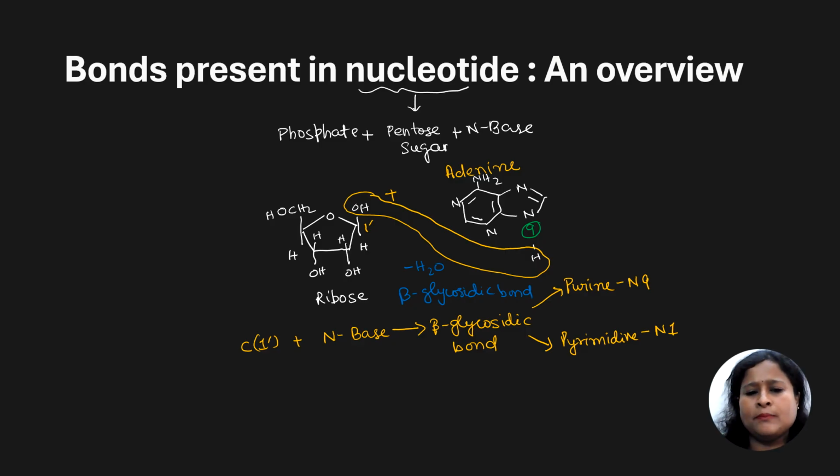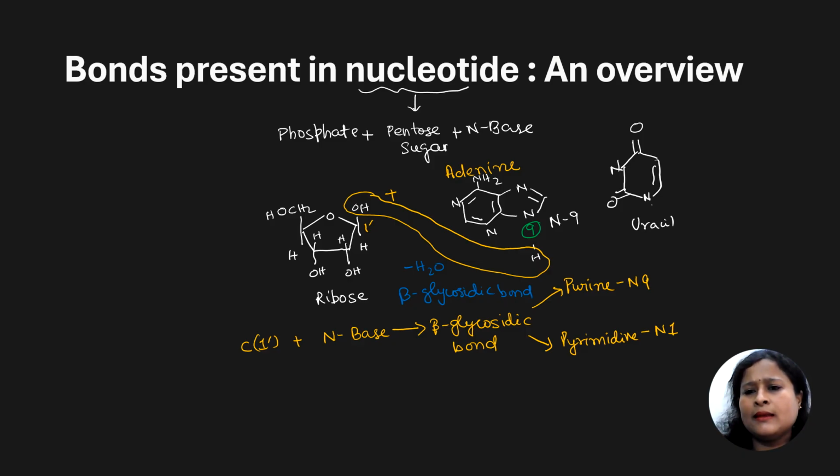So this is your N9 for purines. If you take an example of pyrimidine, let's take the example of uracil here. This is uracil.